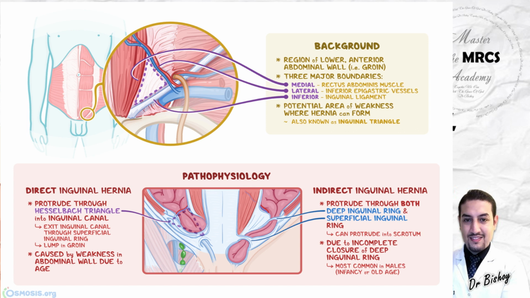This is indirect hernia. But inside the Hesselbach triangle, which is bounded by the rectus sheath and the epigastric vessel and below by the inguinal ligament, you find the direct hernia. Outside this triangle, it's indirect hernia.